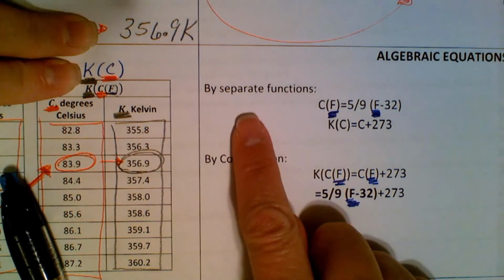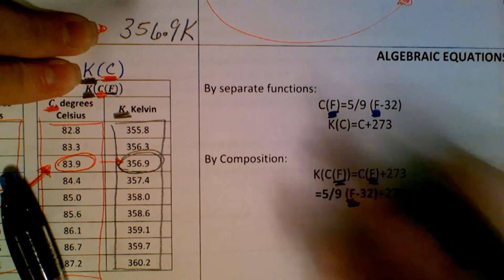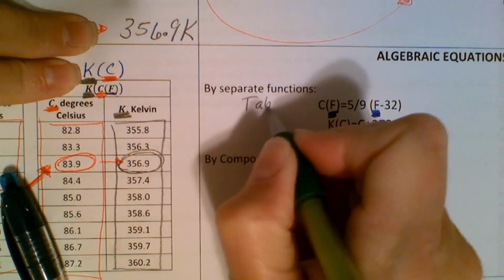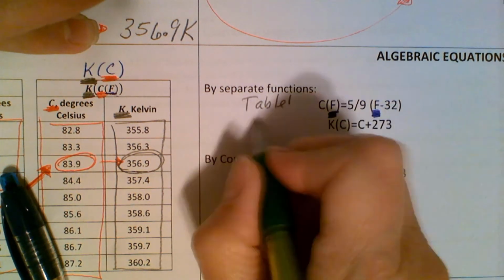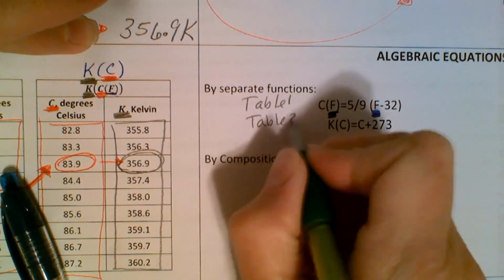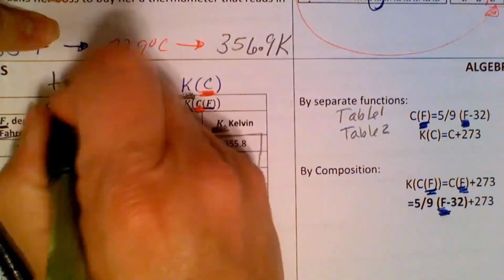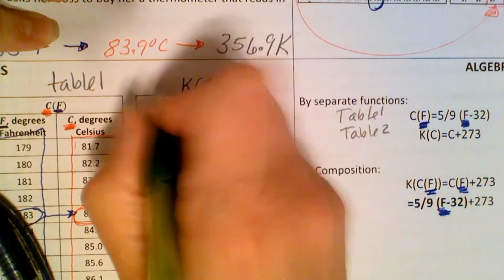So these are my separate functions. This was basically, I am going to write the word here, table 1. And this was table 2, which I probably should have numbered over here. So we're going to do that real quick. Table 1, table 2.